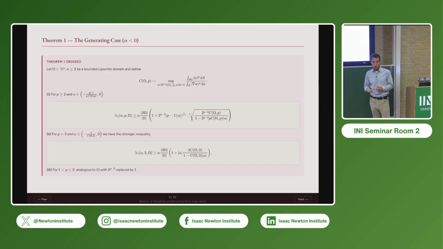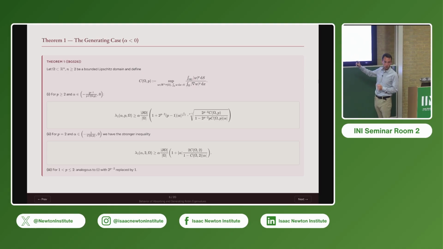So the assumption is that omega is a subset of R^n, which is a bounded domain and has a Lipschitz boundary, and then we can define a constant which depends on omega and on p, but obviously does not depend on alpha.